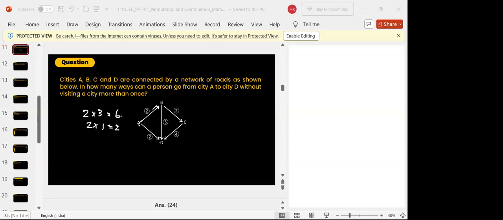Another method, 2 into 2, 4. Next is 2 into 2 into 4, that is 16. So 6 plus 2 plus 16, which is equal to 8 plus 16, that is equal to 24.